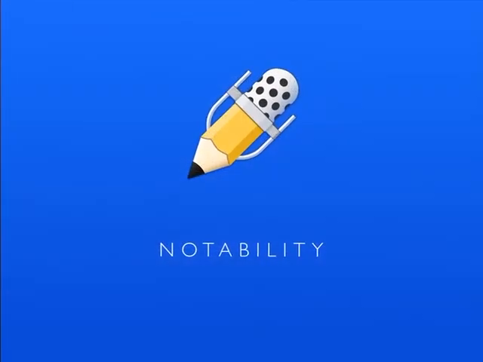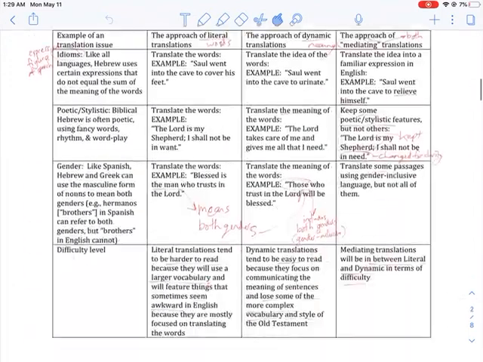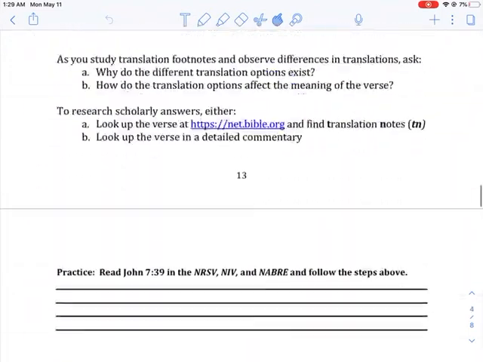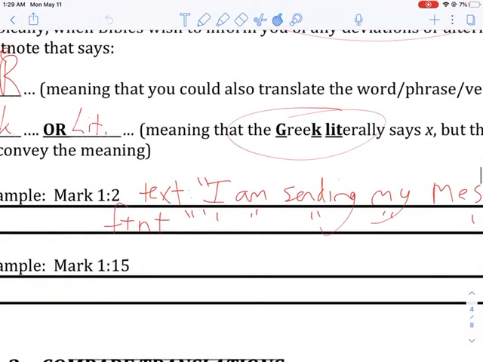So in our example in our notes, we could write that the text says, believe in the good news.